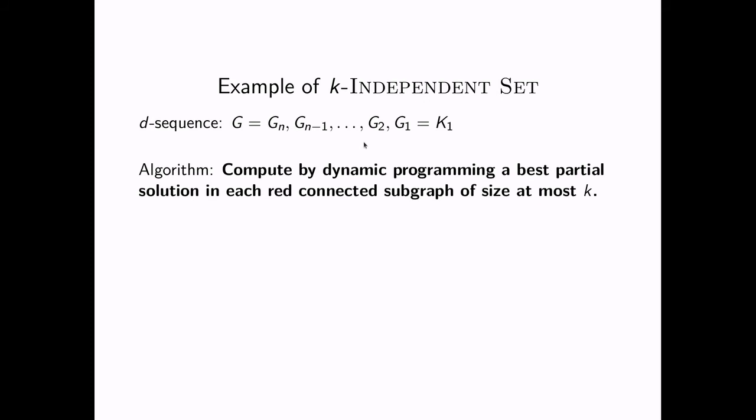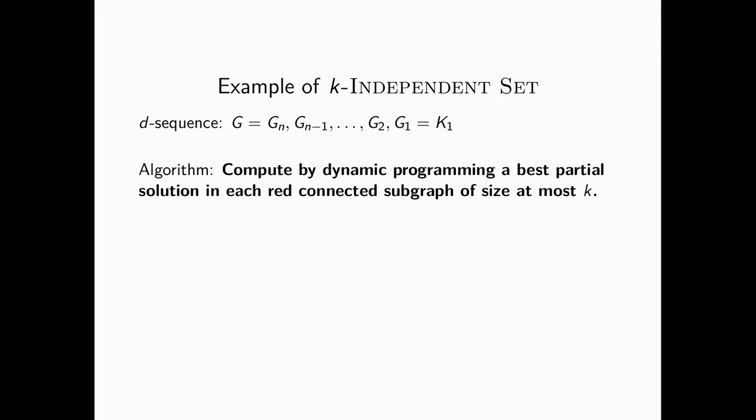What we want to do is look at the red graphs, the graphs induced by the red edges, and store for each connected subgraph of size at most k a best partial solution inhabiting those vertices. That will become clear on the next slide.